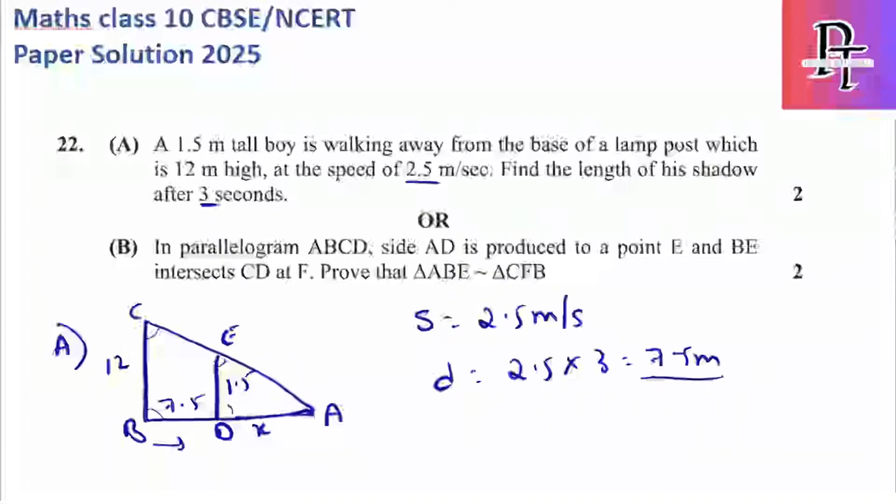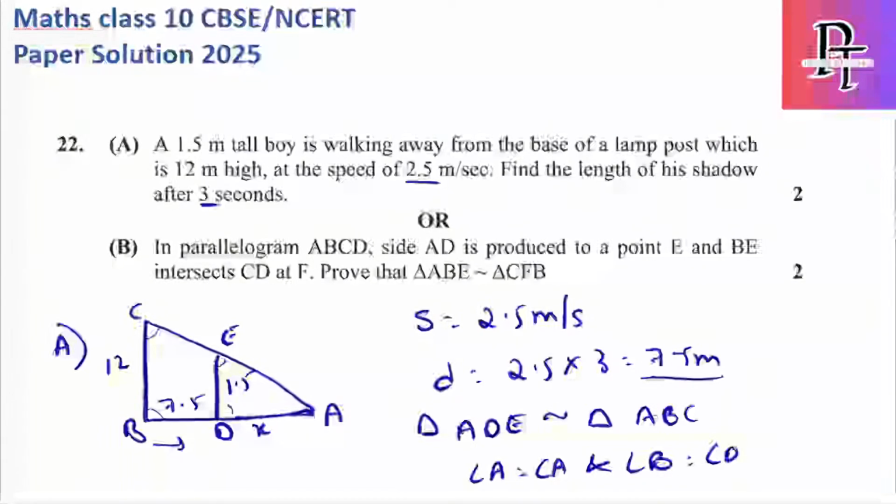I will simply write triangle ADE is similar to triangle ABC. Why? Because angle A is equal to angle A and angle D is equal to angle B. So using AA similarity, I can say both are similar. And why are these similar? DE is parallel to BC.